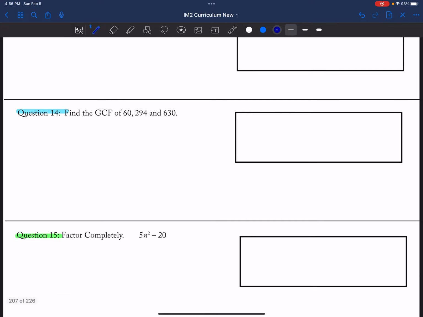Okay, and then greatest common factor. So then we'll break down 60. I should do this differently. Let's go. 60, which is 2 and 30, 2 and 15, 3 and 5. 294 is 2 and 147. Oh boy. 7 and 21.